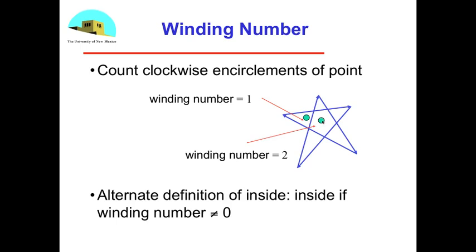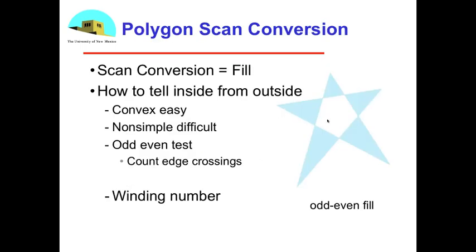So one argument would be to say, well, we're going to decide it's inside and color it if its winding number is anything but 0. So in our previous slide, we said inside, outside, so this is now not filled.